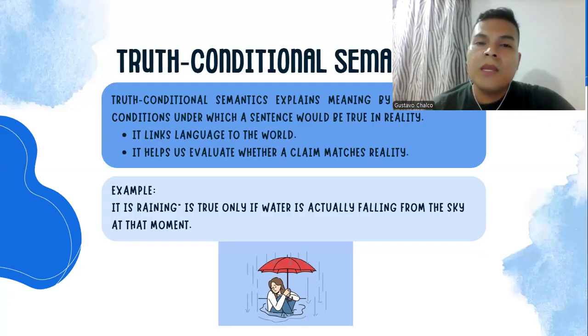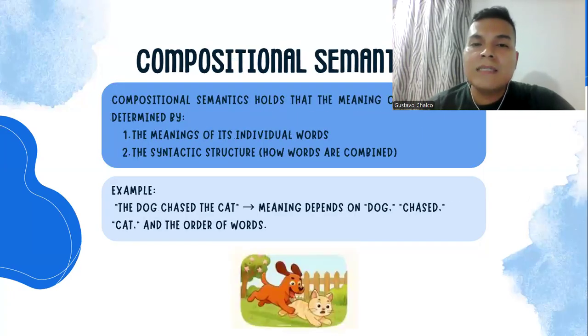Now, compositional semantics. This principle tells us that the meaning of a sentence depends on both the meaning of individual words and the way they are combined. For example, "the dog chased the cat" makes sense because of the meaning of dog, chased, and cat, as well as the order of the words.